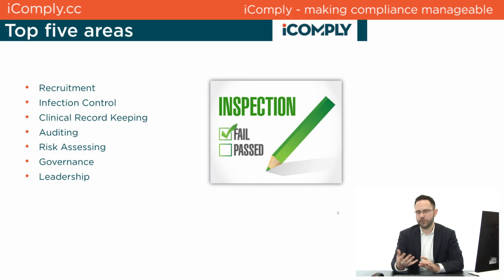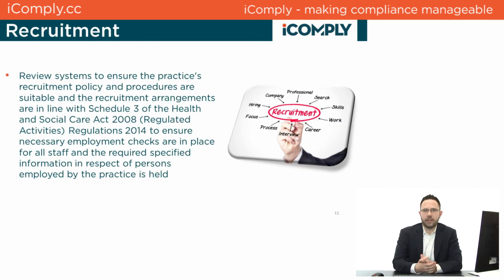However, failure in all of these areas really stems from poor governance and poor leadership. So I want to go a step beyond that and talk about the governance and leadership aspects and what we're seeing with that as well. So if we go into the 5 areas, the first one on this list is recruitment.